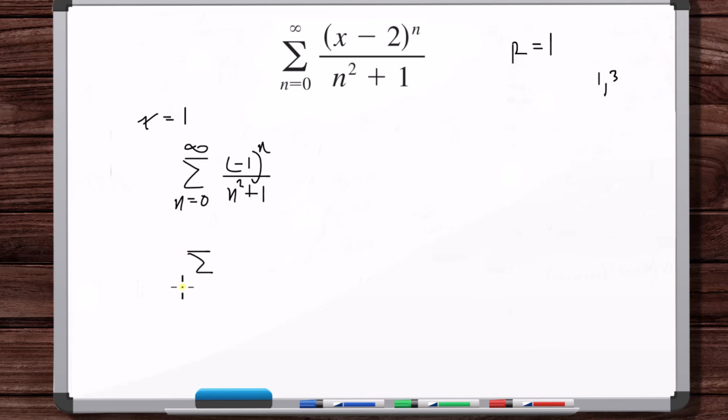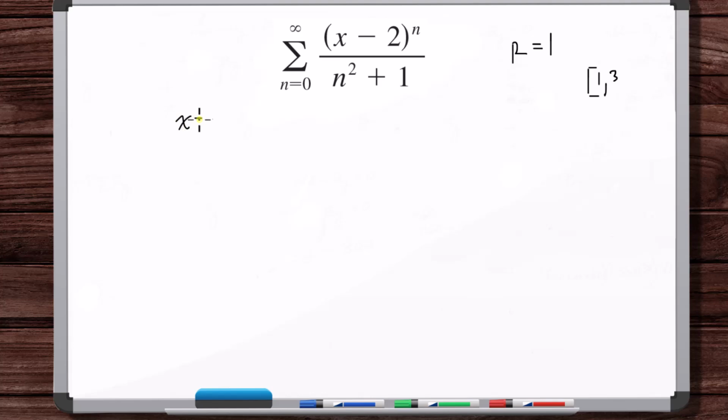So we do the absolute value series. If 1 over n squared is convergent, then I would bet that 1 over n squared plus 1 would be convergent. It's so similar to that convergent p series. Let's bring this in for comparison. This is bigger, so this is always greater, and this is convergent. The series with terms always less than that series are going to be convergent as well. So this is absolutely convergent. That means it's convergent.